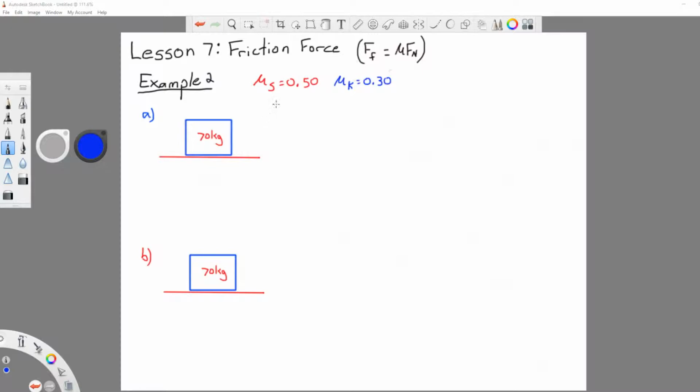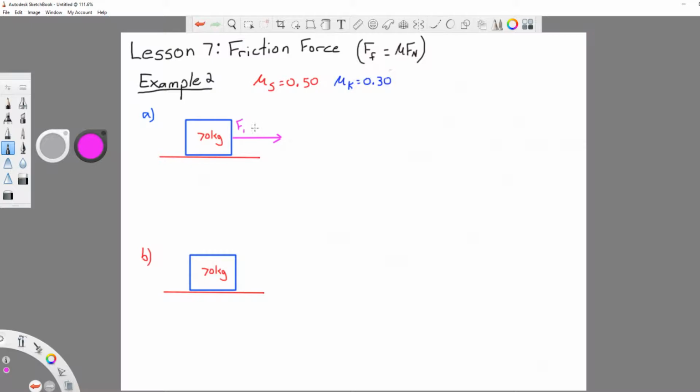And the coefficient of static friction I've put up here is 0.50. Coefficient of kinetic friction is 0.30. Our job is to determine the friction force if the applied force is 200 newtons.